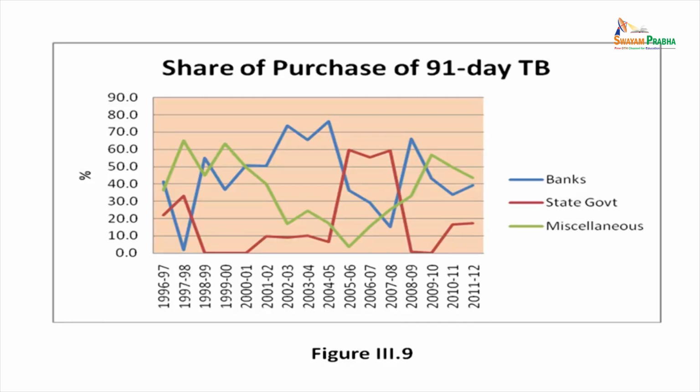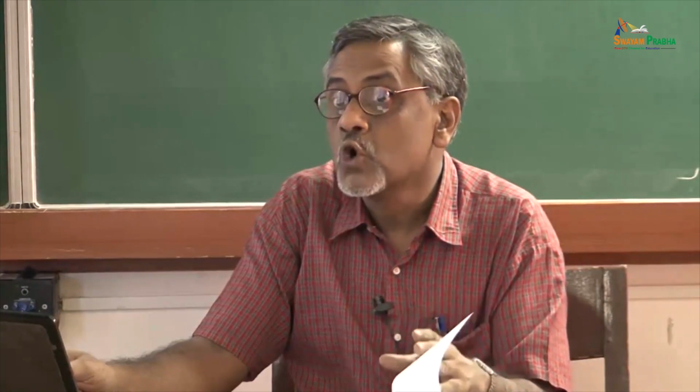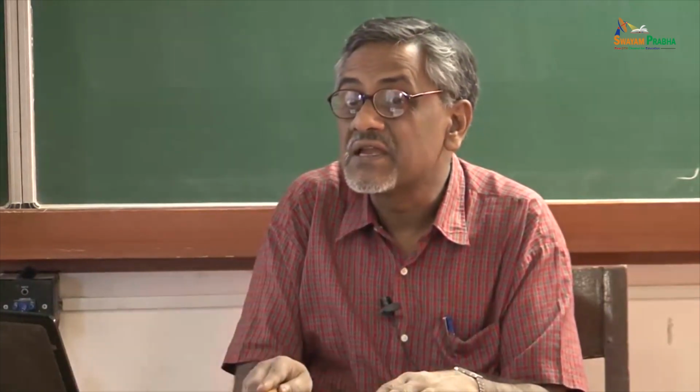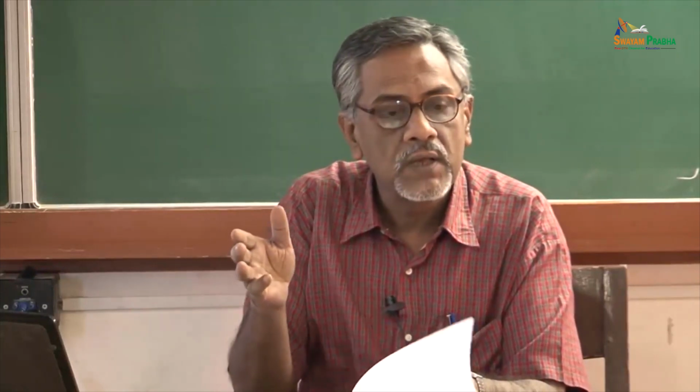In SLR, just like CRR, you have to show to the RBI so much of bills you have. Now, if you make it compulsory for banks to show how much you have invested in bills, and treasury bills are one of them, then like CRR, which you have to report every week, if SLR has to be reported every week with bills investment, they are forced to invest in bills.